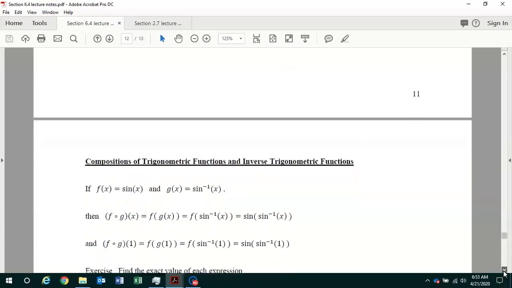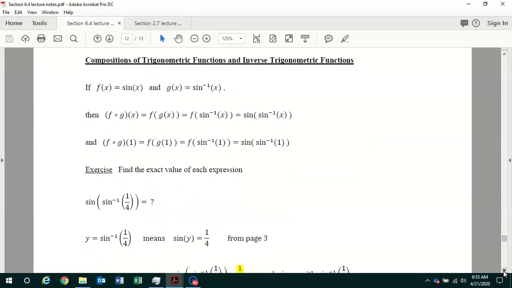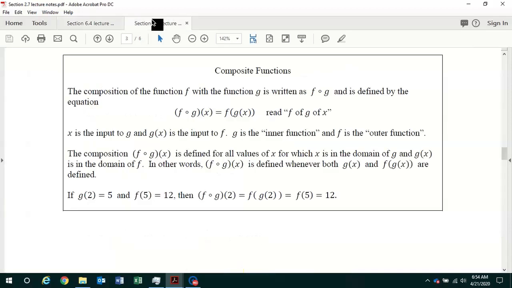So now let's evaluate some examples where we're taking the composite of a trig function and its inverse trig function.